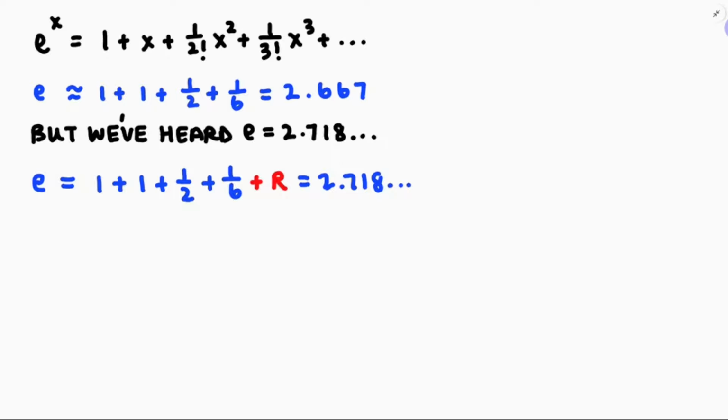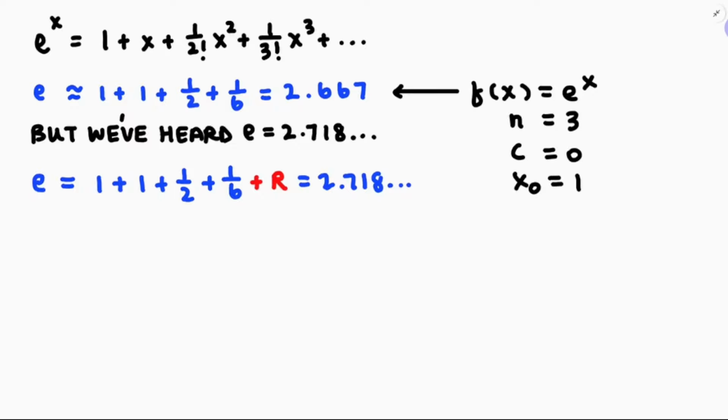Okay, when we did a Taylor polynomial approximation, we were approximating for f of x equals e to the x. We used a 3rd degree polynomial. It was centered at x equals 0, and we approximated at x equals 1. That means if I'm trying to figure out this remainder, R, that's equal to the error.